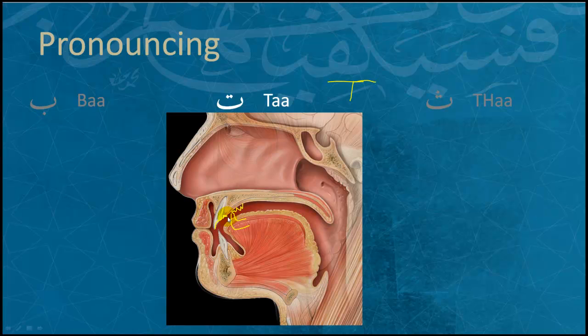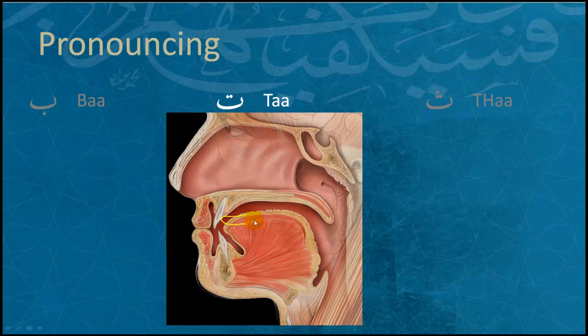But in Arabic, Ta is not pronounced like that. Let me clear the screen for you. Ta is actually pronounced when your tongue touches the area where your teeth and the roof of your mouth meet, like this.